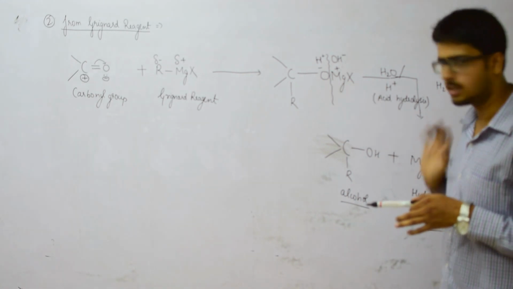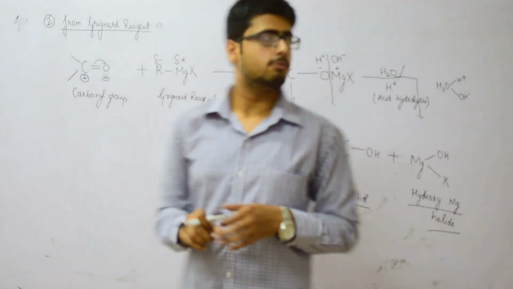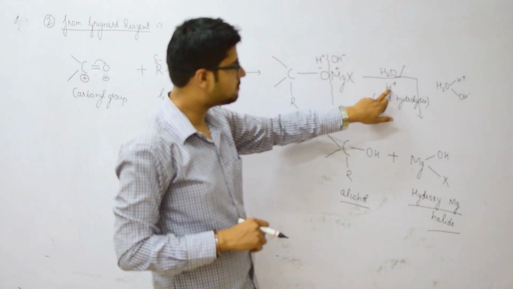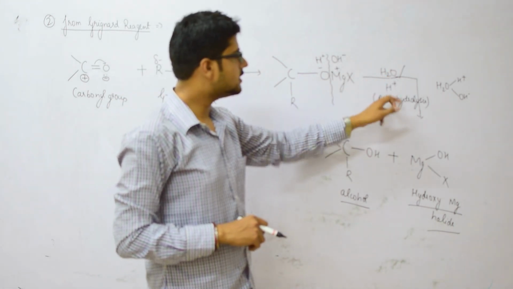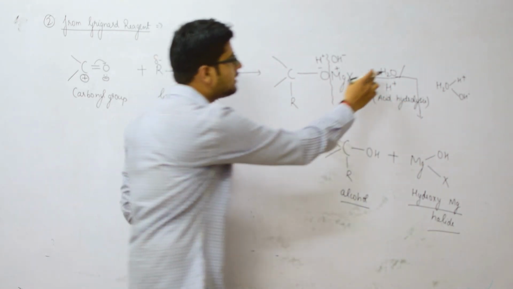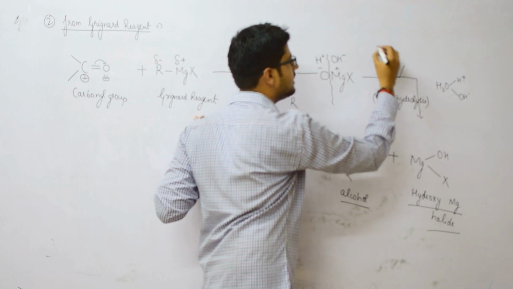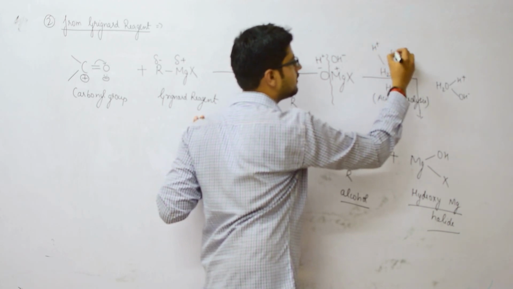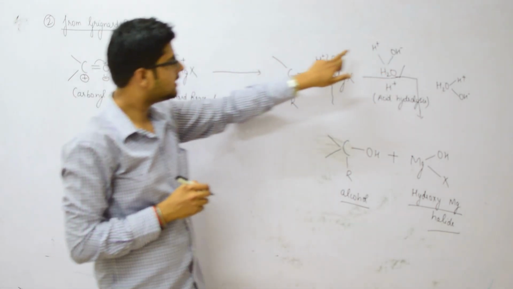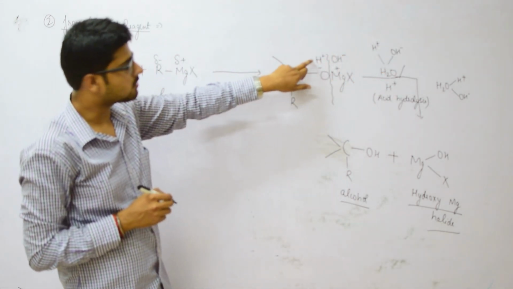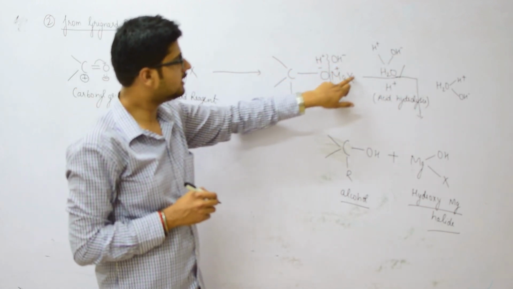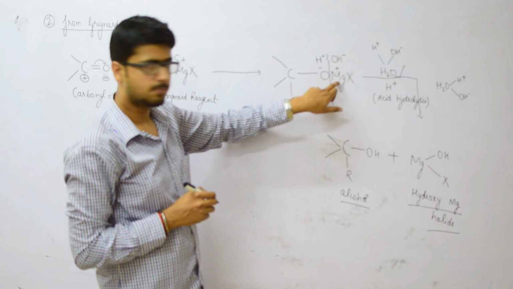formation of OMgX. Now when we hydrolyze this in the presence of H plus ion, this process is called acid hydrolysis, and we know that water is split in the form of H plus and OH minus ion. So the H plus part is attracted to the negative part, that is oxygen, and the OH minus part will attack the positive part, that is MgX part.